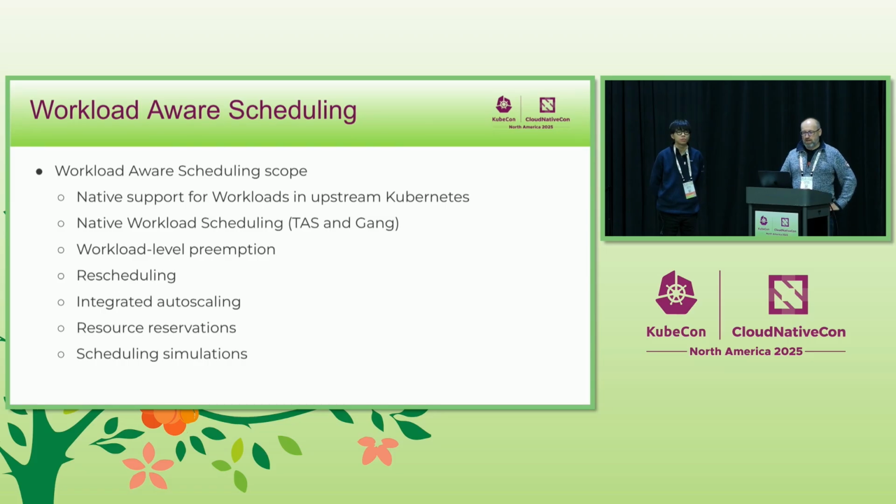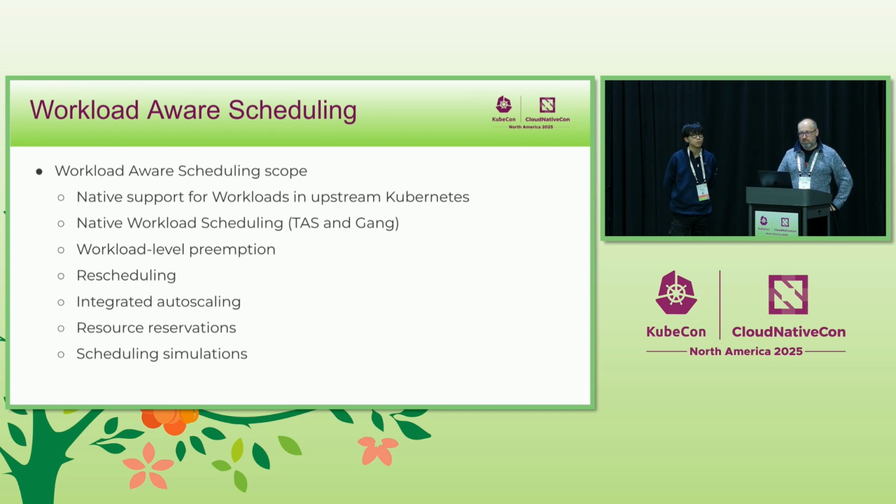We also need to, at some point, support workload level preemption, which is a different problem from pod preemption that we know, which works based on a single pod priority number. In case of workloads, it will be much more complicated and more dynamic.